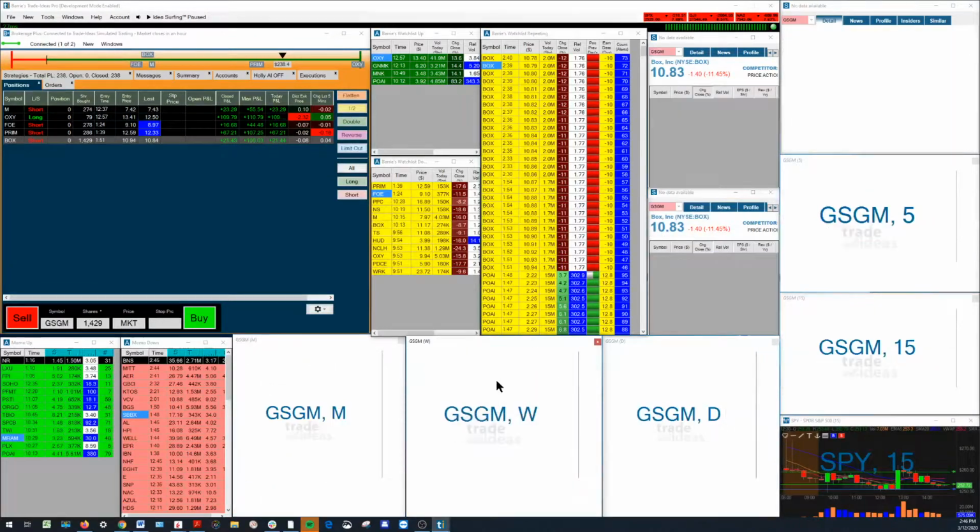Okay, I'm typing it in, and I don't get anything. GSGM, I don't get anything. See, I'm typing it in. Sure, that's the right symbol?